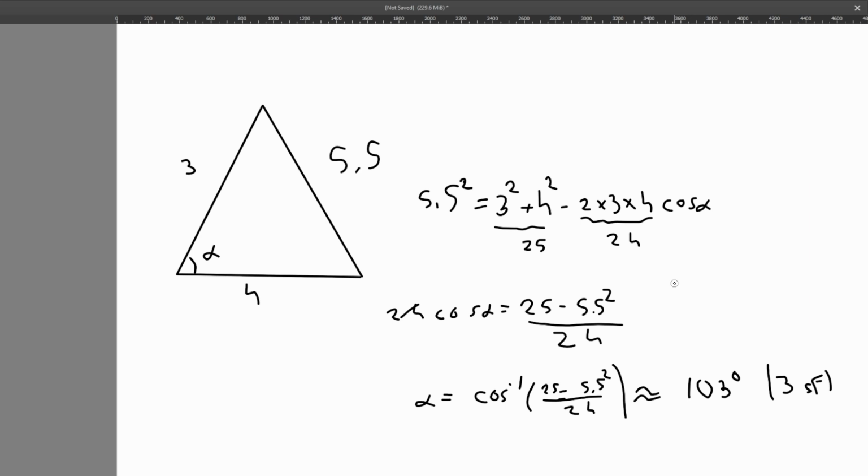And we can do a similar process, using either the law of cosines or this time the law of sines, to calculate the other angles, and hence we can solve the triangle fully.